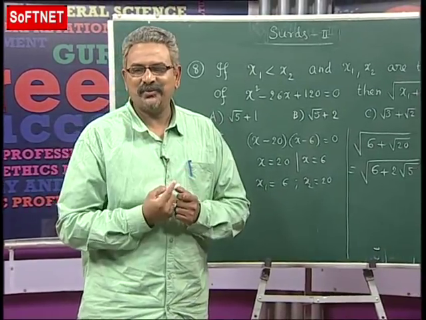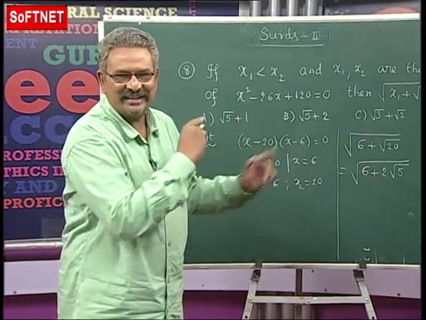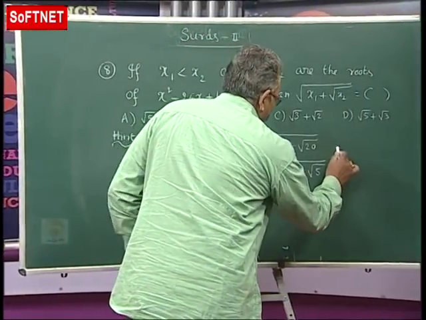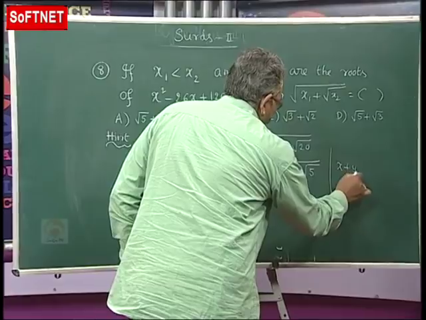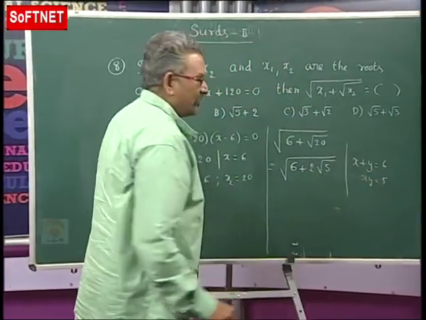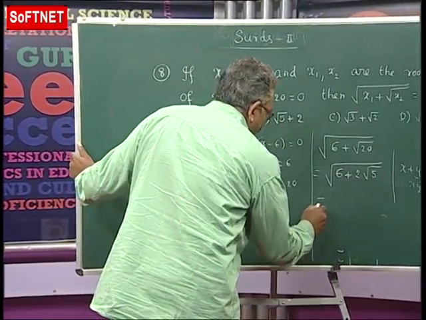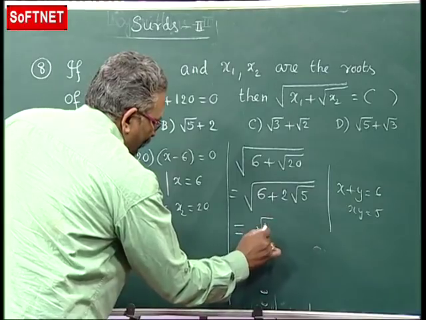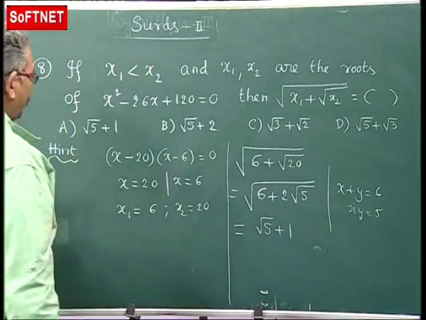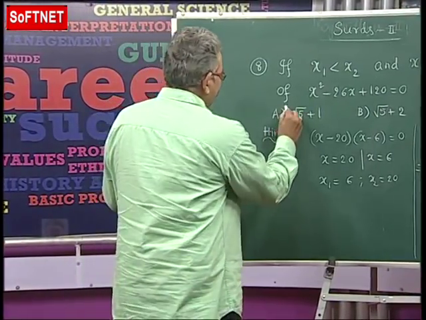Only two factors will exist, that is 1 and 5. 5 plus 1 is 6. So here x plus y is equal to 6, xy is equal to 5. So x is 5, y is 1. So root x is root 5, root 1 is 1. So just verify which is the right option. Yes.